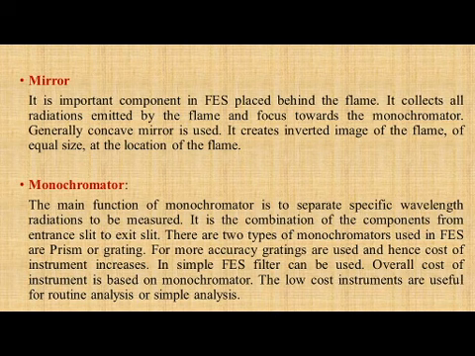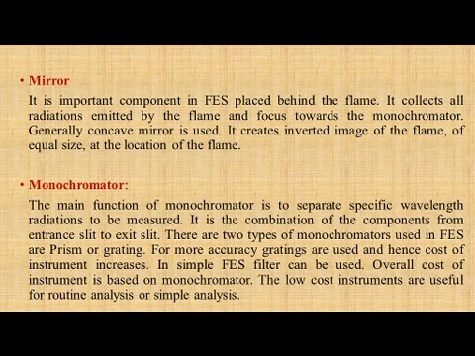Different components are there. There are two types of monochromators used in a flame emission spectrophotometer: prism or gratings. For more accuracy, gratings are used in instruments, and hence the cost of the instrument is higher. In a simple flame emission spectrophotometer, filters are used for the measurement, and due to the use of filters as a monochromator, the overall cost of the instrument is low, and these low cost instruments are useful for routine or simple analysis.